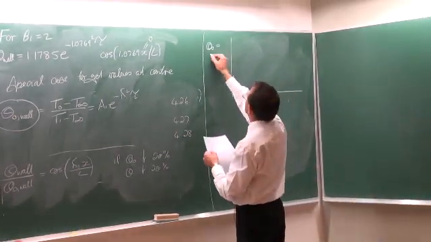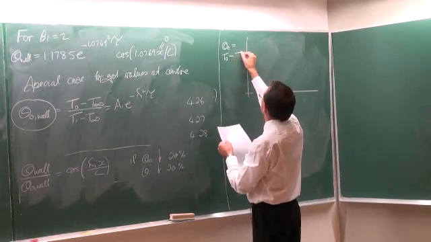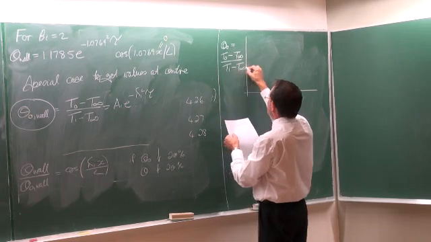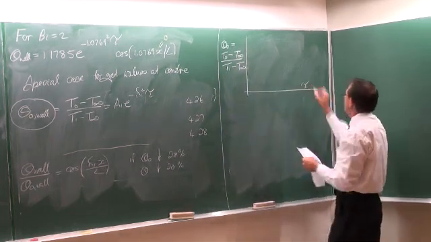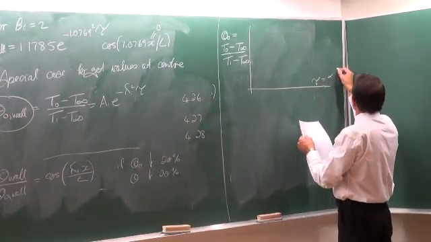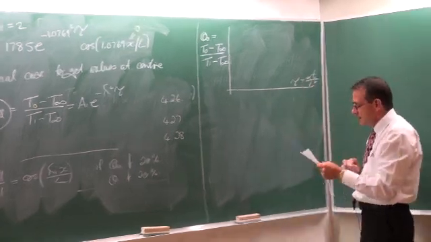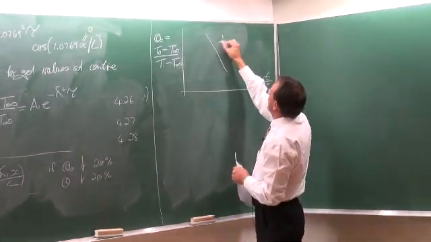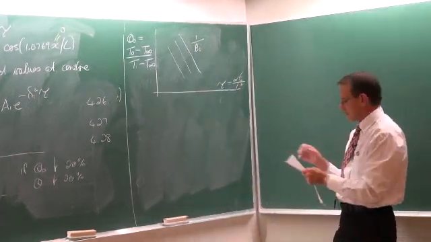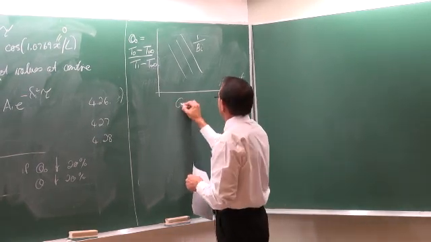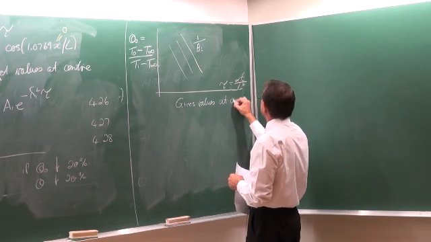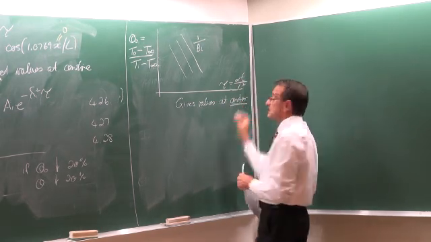And theta 0 is equal to the center temperature minus T infinity divided by Ti minus T infinity, as a function of the non-dimensionalized time, which is alpha t divided by L squared, as a function of 1 divided by the Biot number. So this would give the values at the center of the body.